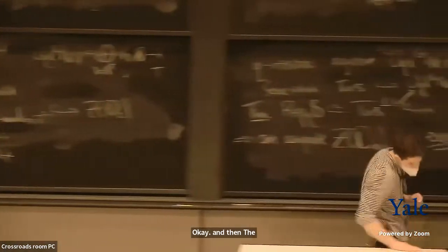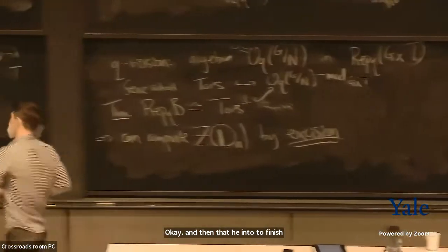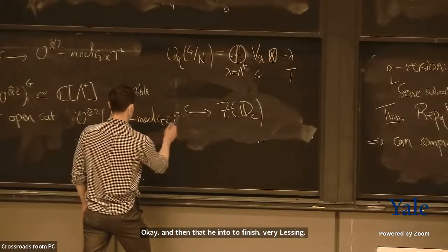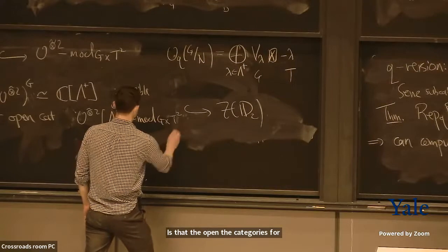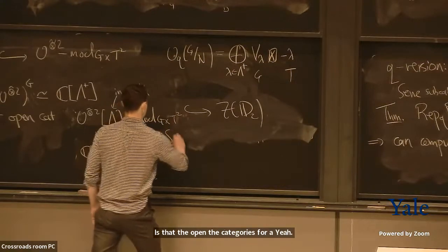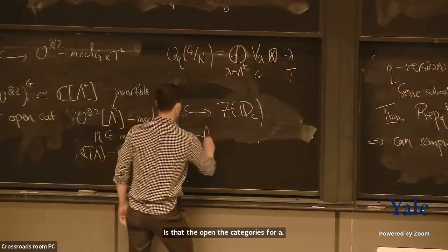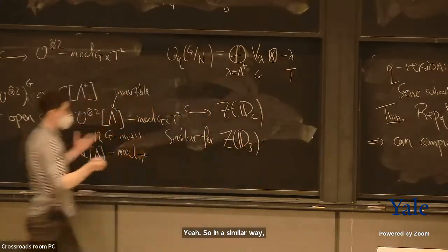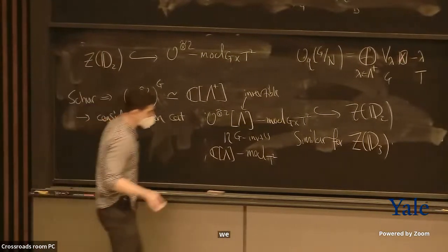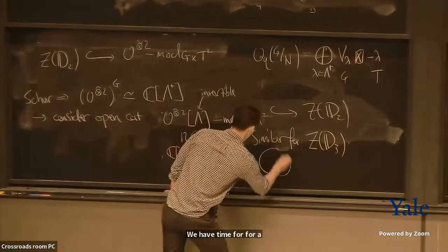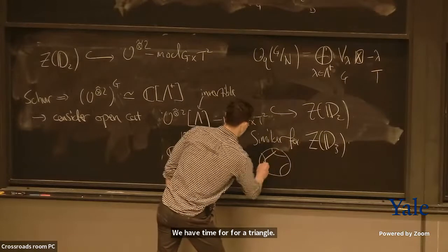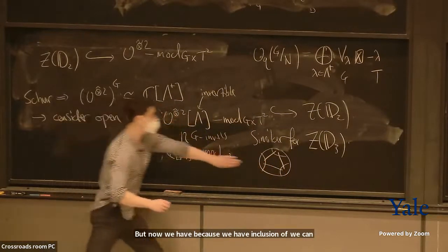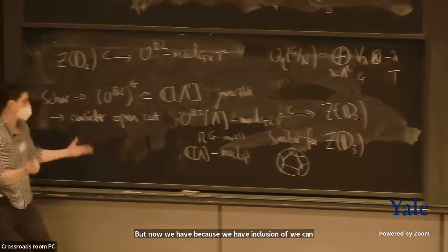To finish, the very last thing is that in a similar way, we have a category for a triangle. Because we can include D2 into D3 in three different ways, now we have three copies of the weight lattice.